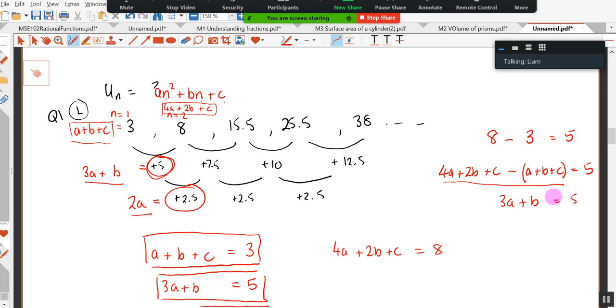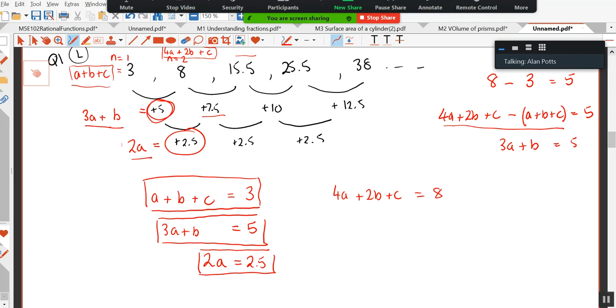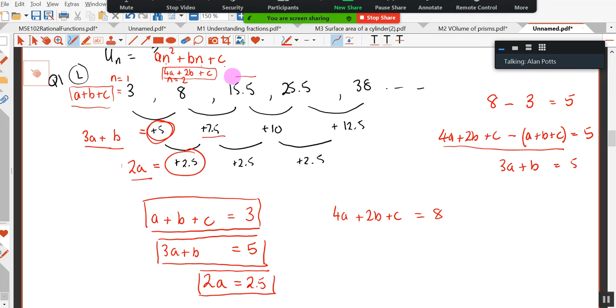I haven't done it, but if I had a third one done and then had another equation for this one, and you can look in the other video for that, I show that this is 2a. How do we go from the 3a plus b to 2a? Well, this would be 9a plus 3b plus c.